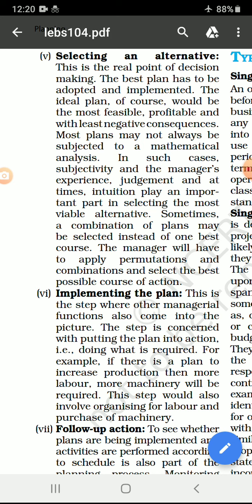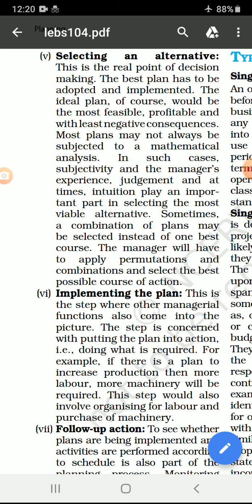And in such cases, the managers will select based on their experiences, and judgment will be made on their own personal experience. Sometimes when there is a combination of plans between two plans, the manager will apply permutation and combination.